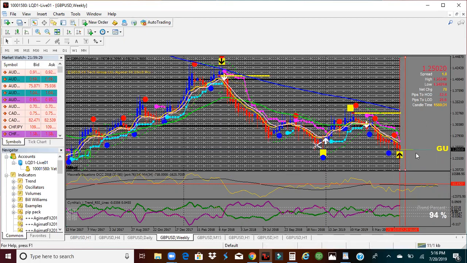I have multiple confirmations and confluences to make sure my trade is worth taking. Taking a look at the Great British Pound USD, we know the overall weekly trend is up, a buy, ready to take off.